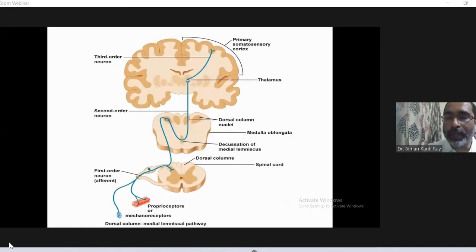So whenever you suspect ataxia due to some sensory system disorder, the pathology must be somewhere in this pathway. Again, I am telling, it may be in the receptor, in the afferent nerve, in the dorsal root ganglion, in the dorsal column of the spinal cord, in the medial lemniscus of the brainstem, or in the thalamus, or in the primary somatosensory cortex.